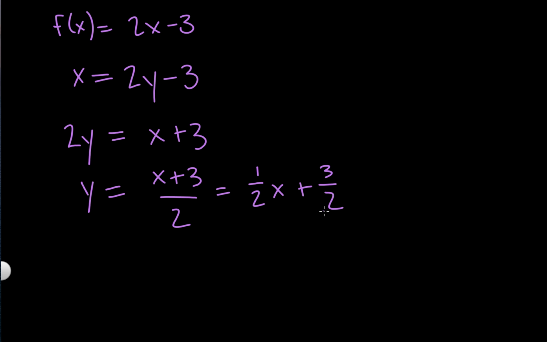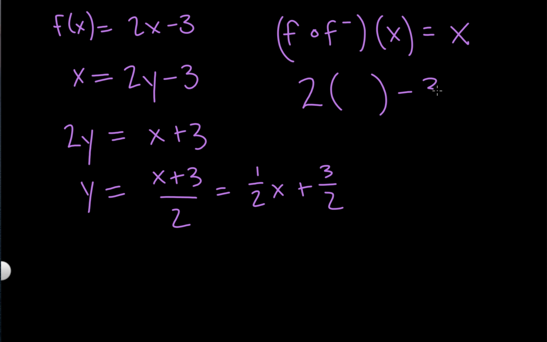But the concept we're looking at right now is that the composition of f composed of the inverse of x should take us back to the input, which is x. What that means is I'm going to take my f function, so 2x minus 3, and plug in my inverse.